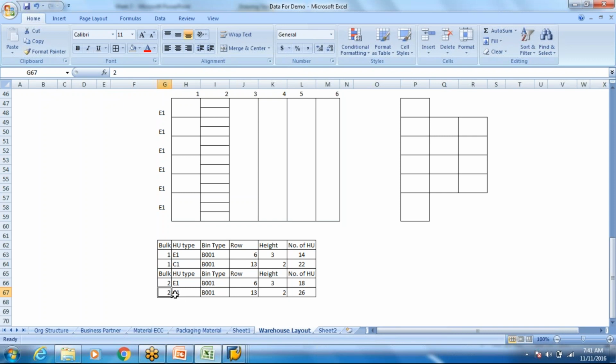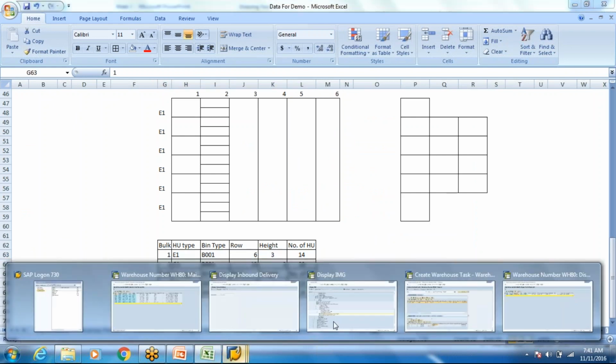So when product 2 comes, which has a bulk indicator 2, this structure will be considered. You can have a different row, different height as well. When product 1 comes, this is considered. So this is the exact table I'm going to maintain now in config.